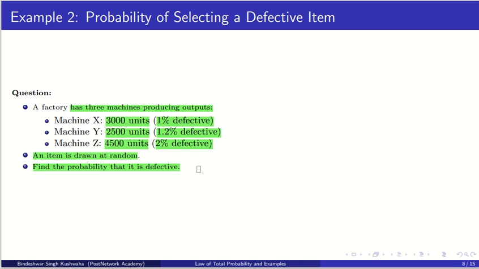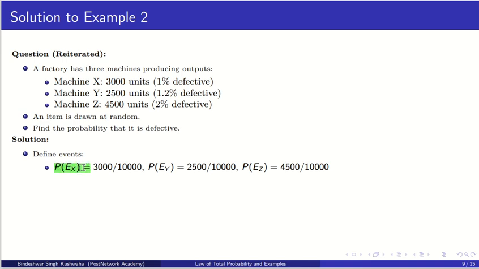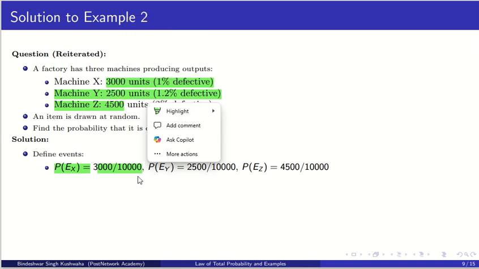So again there would be use of conditional probabilities and the law of total probability. So define events. P(E_X) is 3000 upon 10,000, because if you sum 3000 plus 2500 plus 4500, this will come to 10,000.